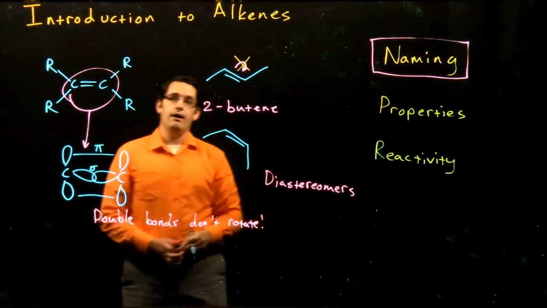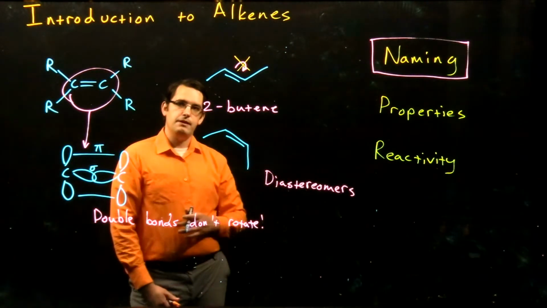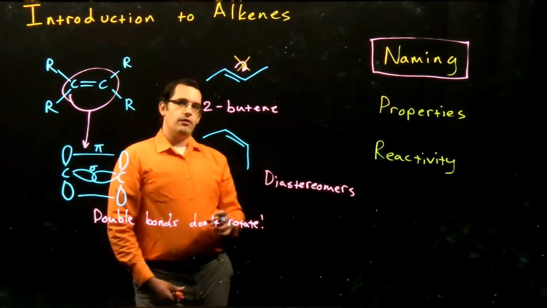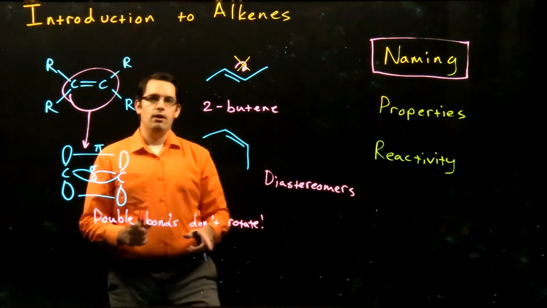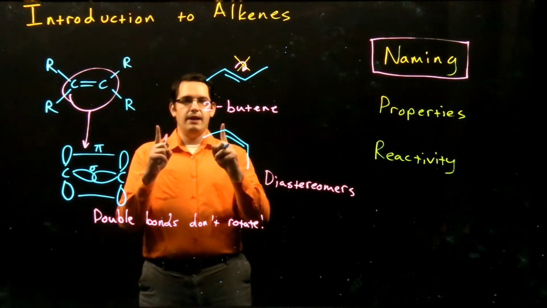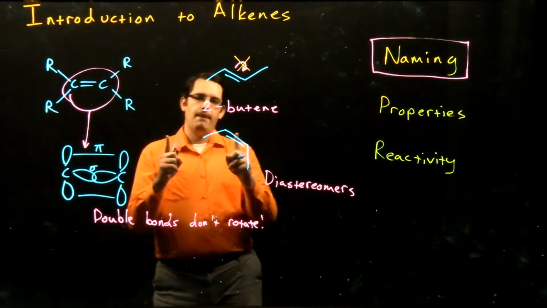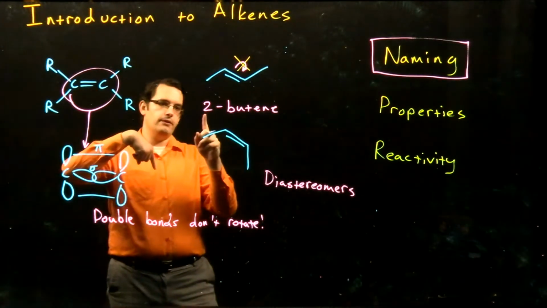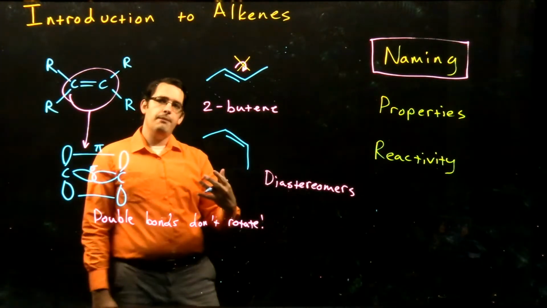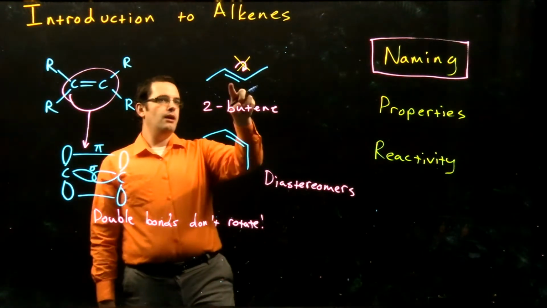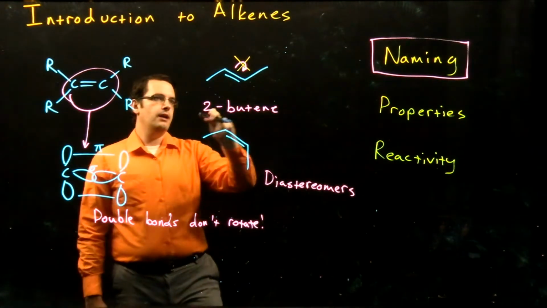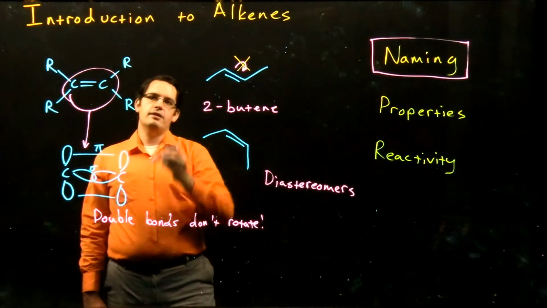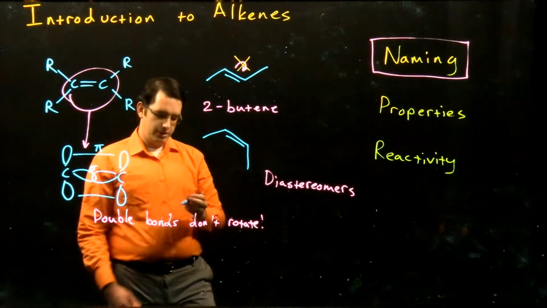So we're going to use first the cis-trans naming system that we introduced with our cycloalkanes. So remember, cis referred to when you had 2 groups that were pointing in the same direction with respect to the ring. Trans refers to when they're pointing in opposite directions with respect to the ring. So we can use the same nomenclature here. In this case, I have my double bond, and I have one bond pointing out in this direction, and one bond pointing out in the opposite direction.